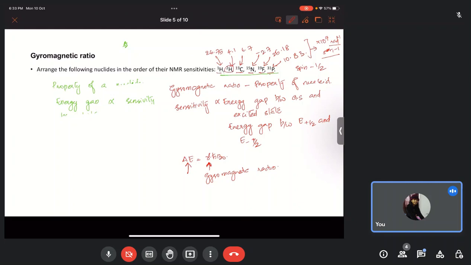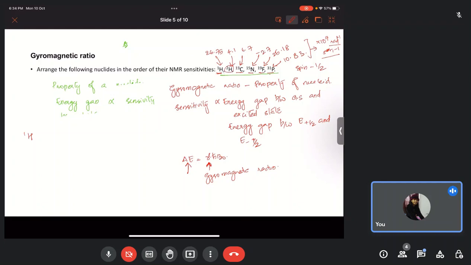The one with the higher gyromagnetic ratio, right? The one with the highest gyromagnetic ratio in this set of nuclides is proton, at 26.75 times 10 to the power 7 radian inverse second Tesla inverse.